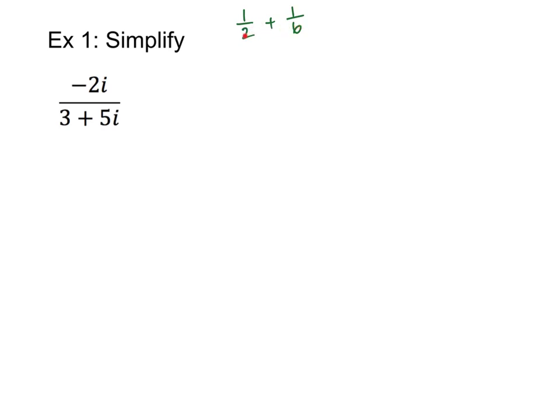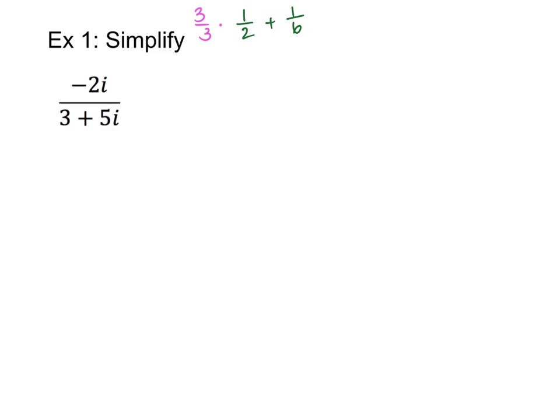So 2 and 6 can both be 6 if I multiply the 2 by 3. So in order for this bottom to be a 6, I have to multiply the bottom by 3. Anything you multiply to the bottom, you must multiply to the top. So this top here will also be a 3.